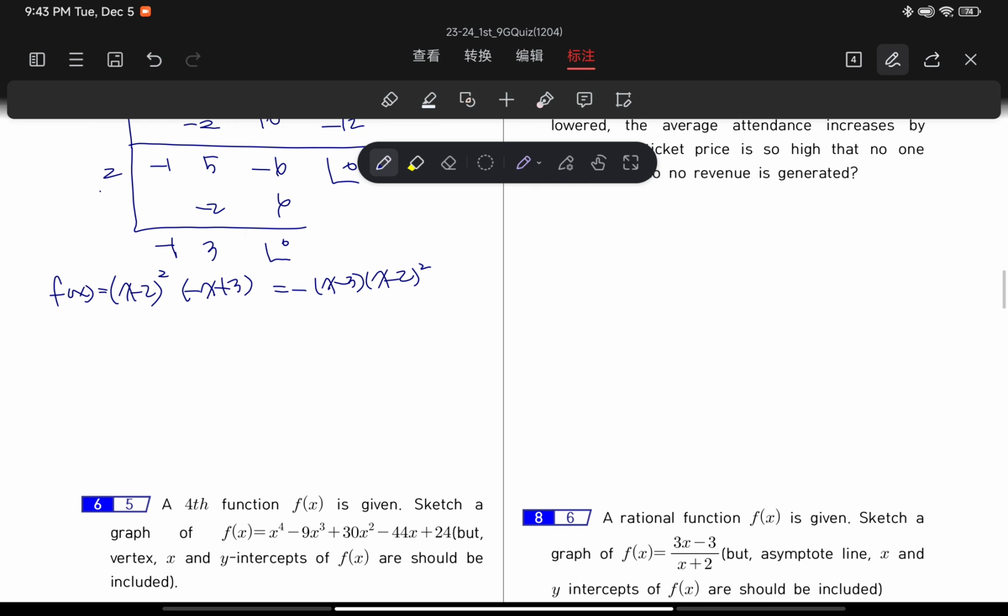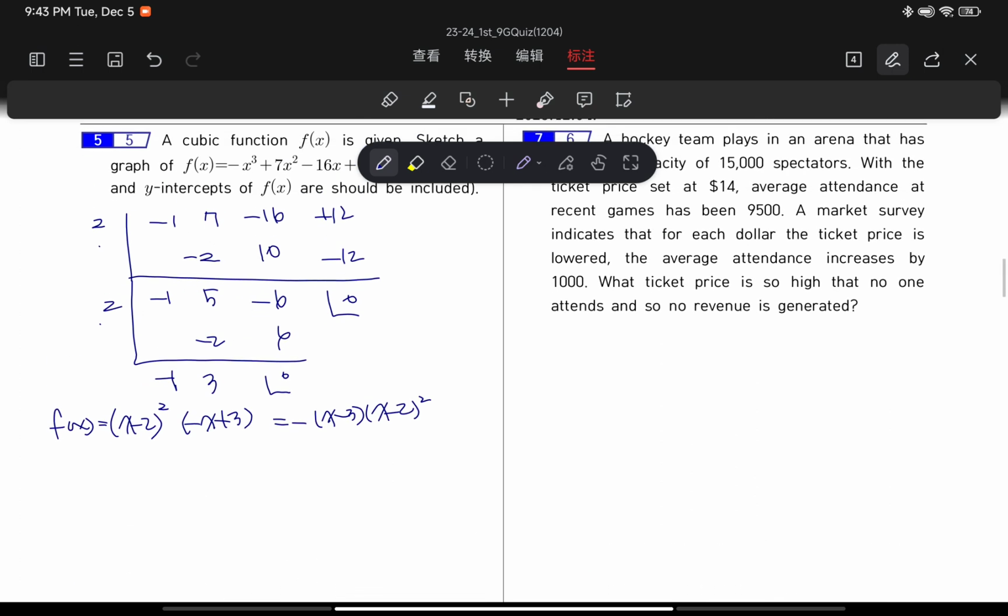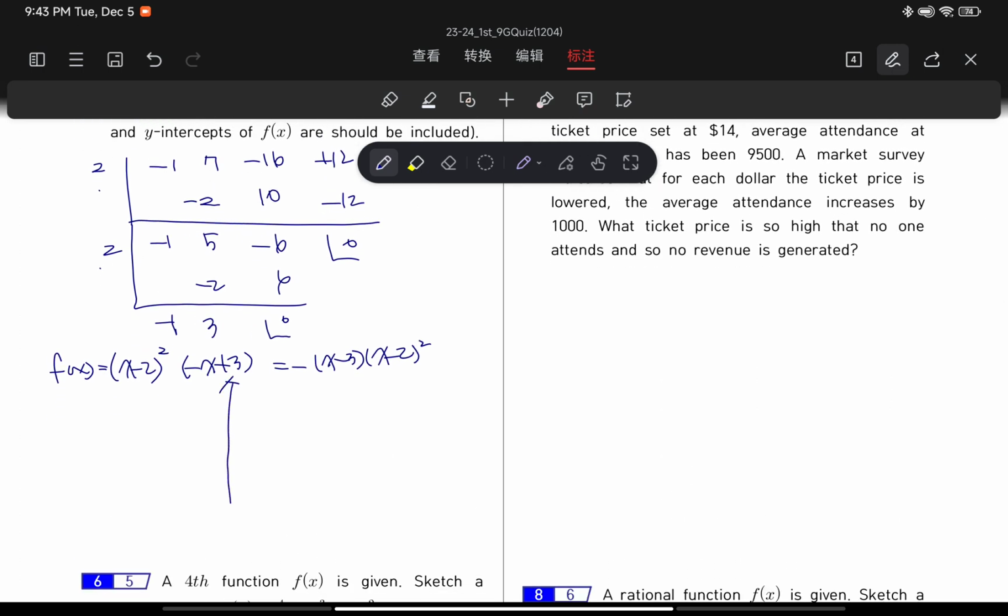Okay, so here's the y-axis and here's the x-axis, and 2 and 3. Here's 2 and here's 3, and at x equal to 2, this function is tangent and the leading coefficient is negative, so this function looks like this.